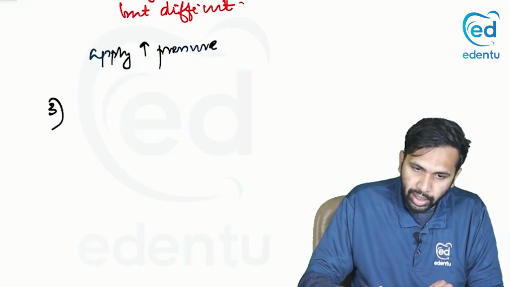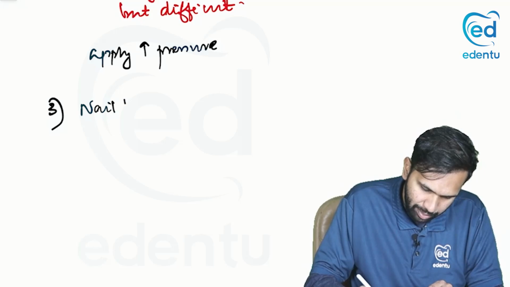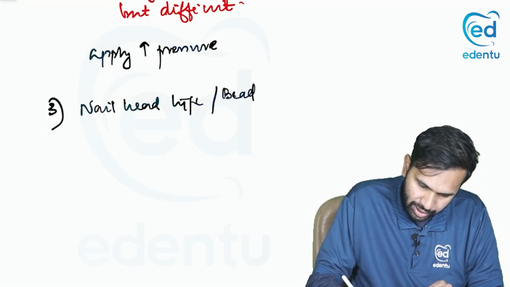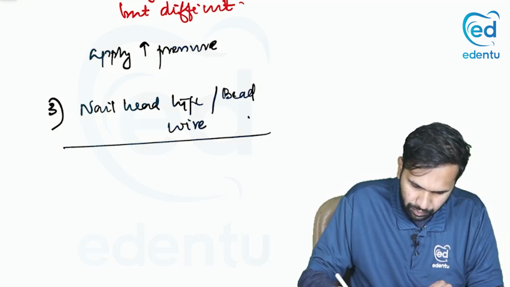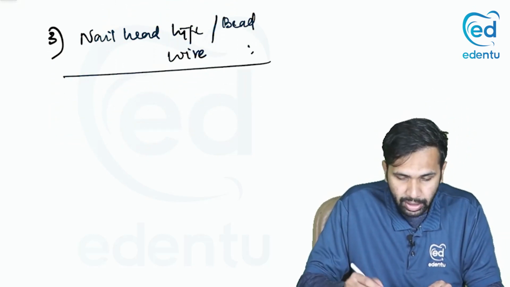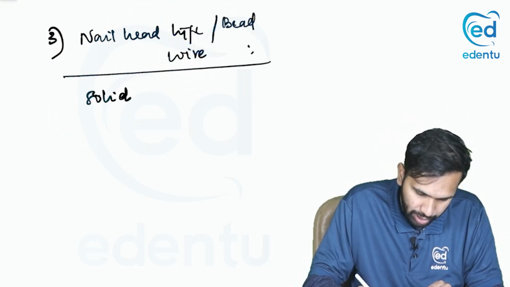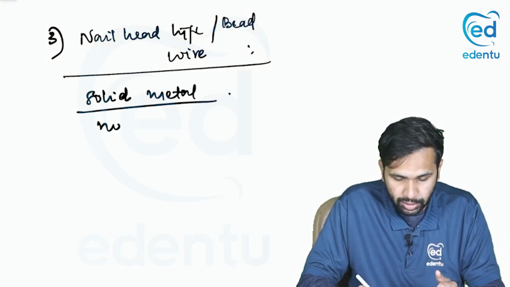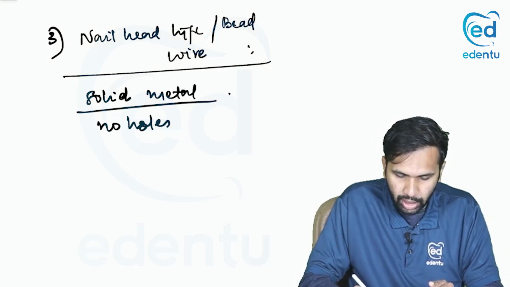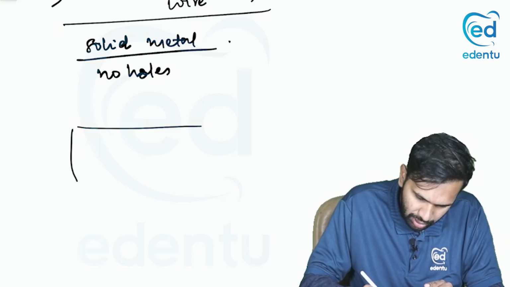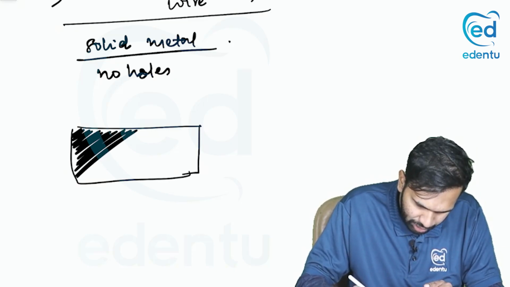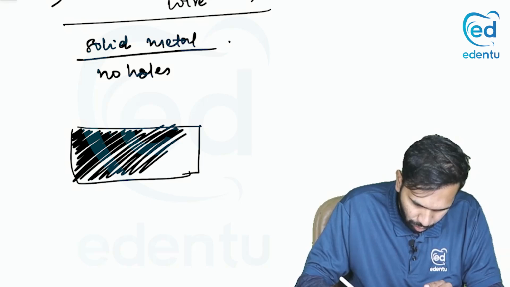The third type of the minor connector is your nail head type, also called bead wire. Nail head or bead wire type. This is completely solid, completely made up of solid metal. There are no holes. You can imagine a complete solid metal with no holes.